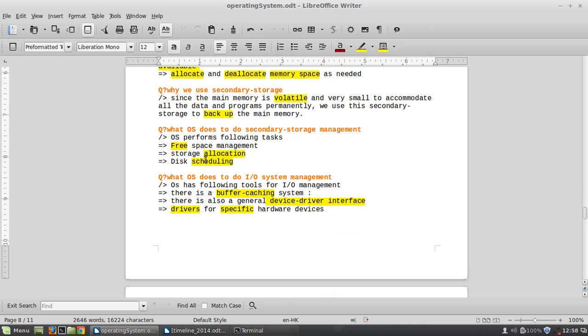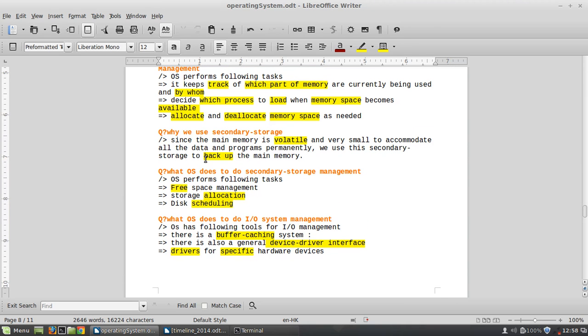Now next, why should we use secondary storage? What is the particular purpose of using secondary storage? You already know that the main memory we are using is a volatile device. It fills up easily, and only a small, limited space is available in it.